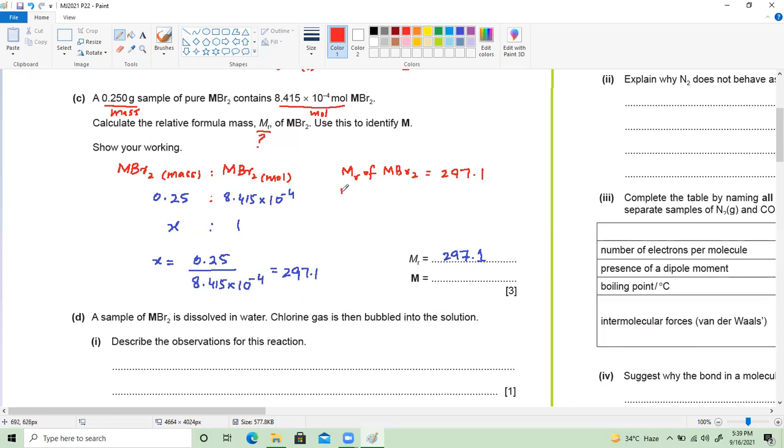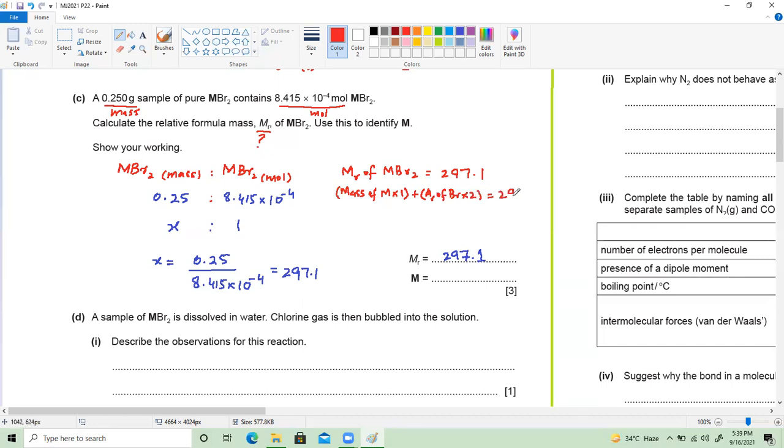We multiply the Ar of M times 1, as we can see there is only one metal M atom here, plus the relative atomic mass of bromine times 2.